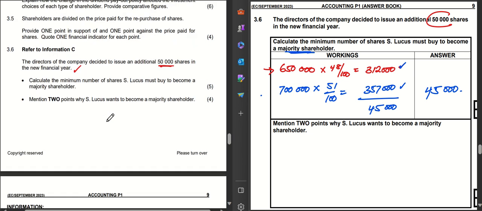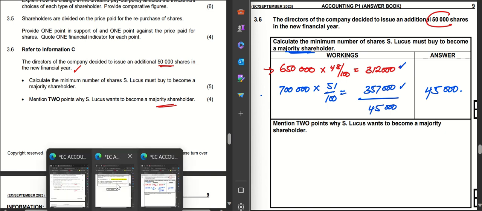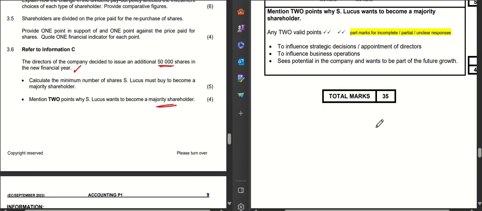The next question now says, mention 2 points why this person, Lucas, wants to become a majority shareholder. Why does Lucas want to become a majority shareholder? Here are the reasons. Number 1, to influence strategic decisions such as the appointment of directors.